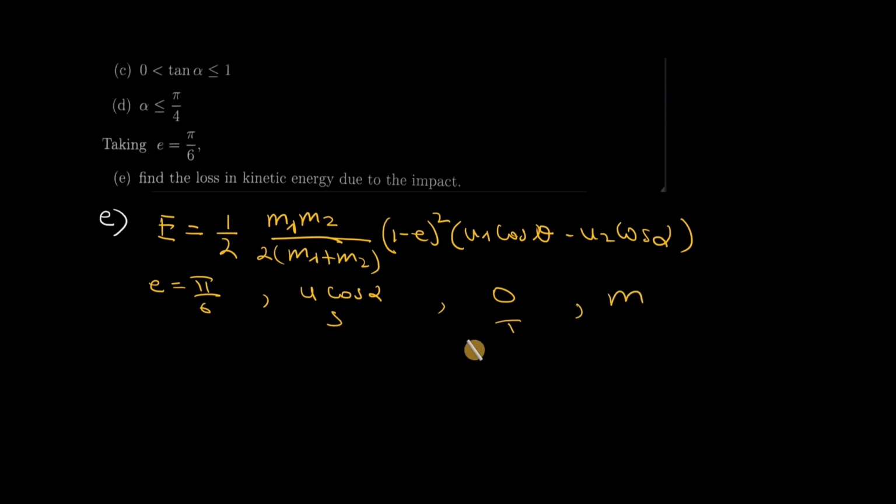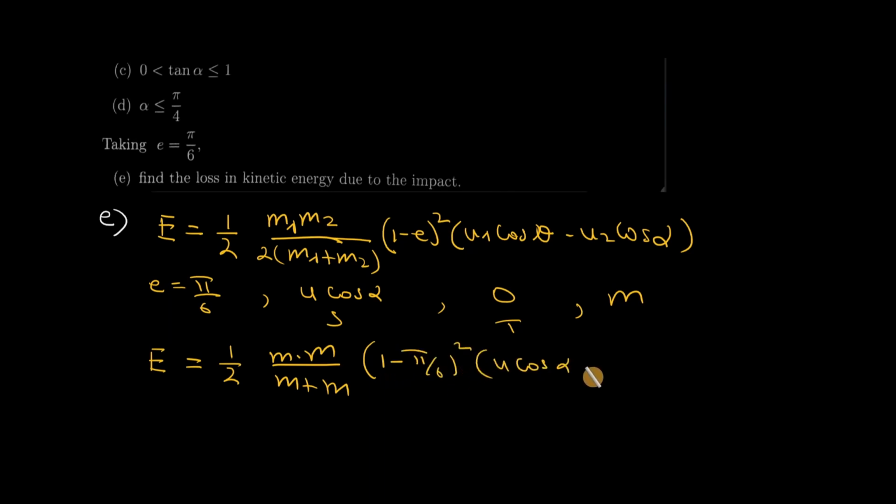Substituting this information in the formula, we have kinetic energy loss equals half m times m all over m plus m, into 1 minus pi over 6, all squared, into u cos alpha minus 0.